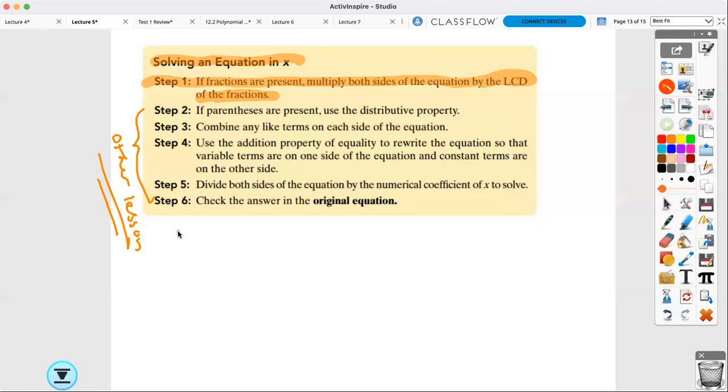Does anyone need more time to write this? Yes. Okay, let me know when you're good to go. So these steps were from 3.3. Yes, they were in chapter 3. Okay.